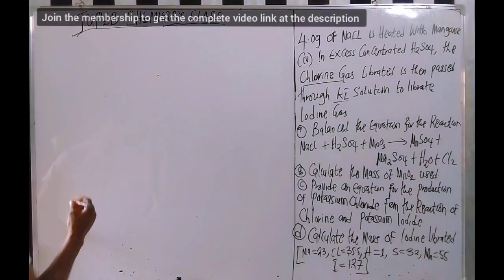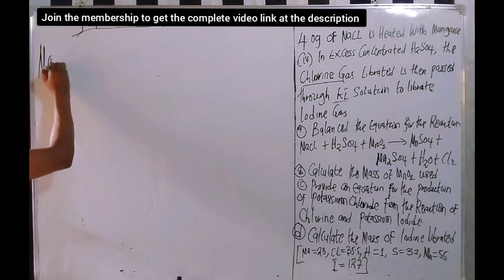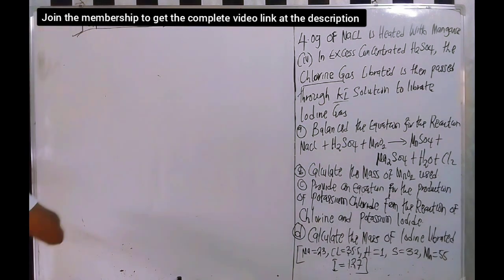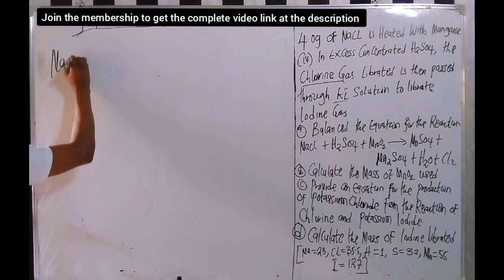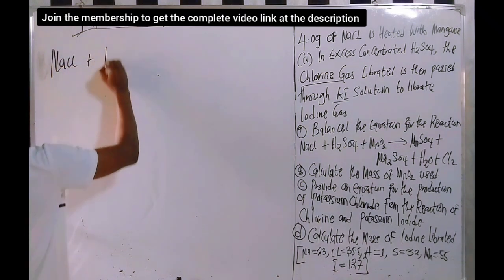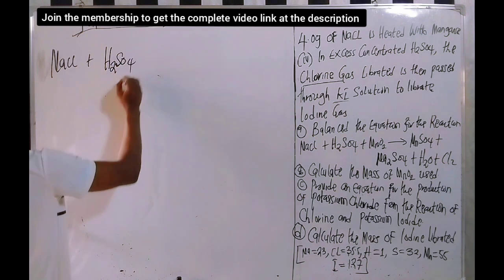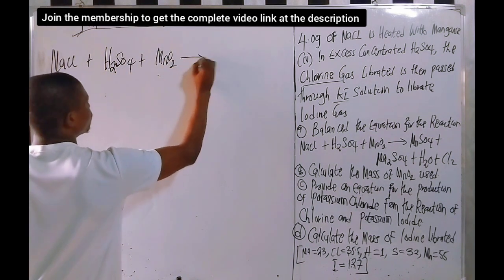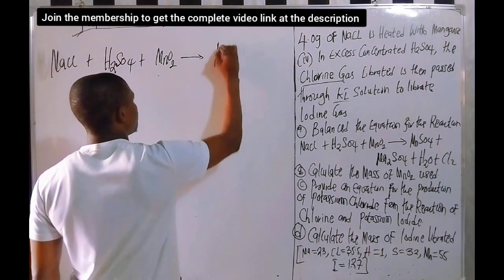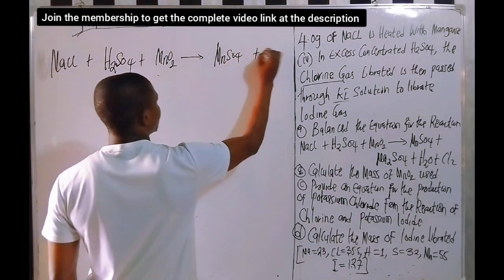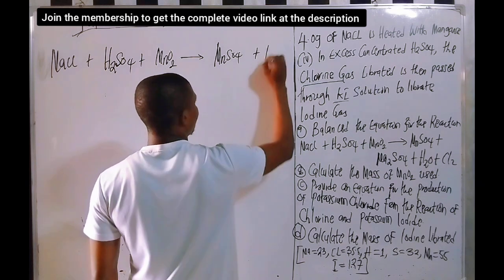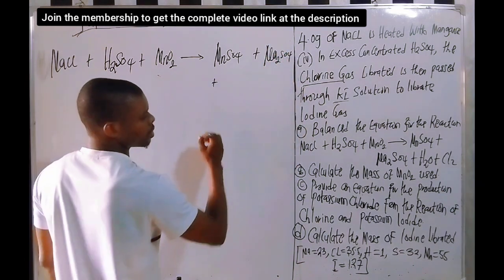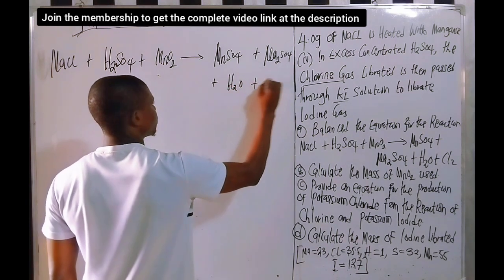So you are going to write everything out. NaCl plus H2SO4 plus MnO2, then you have NaHSO4 plus Na2SO4 plus H2O plus Cl2.